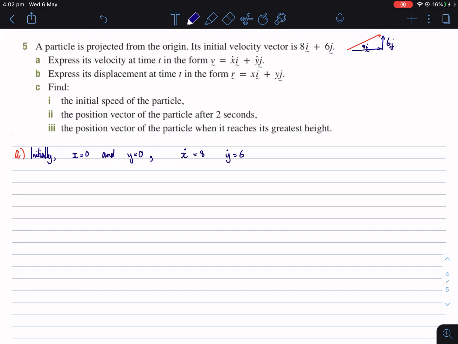We also know that because it's projectile motion, x double dot is always 0, y double dot is always -10. Hate that.